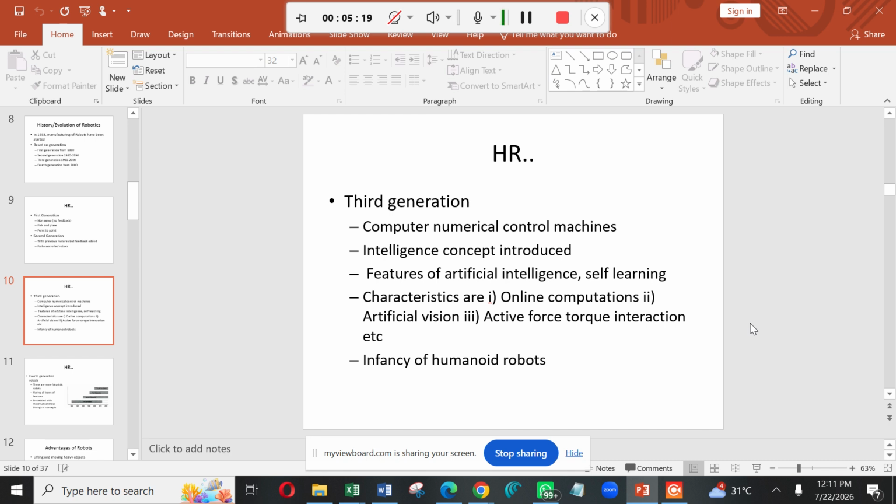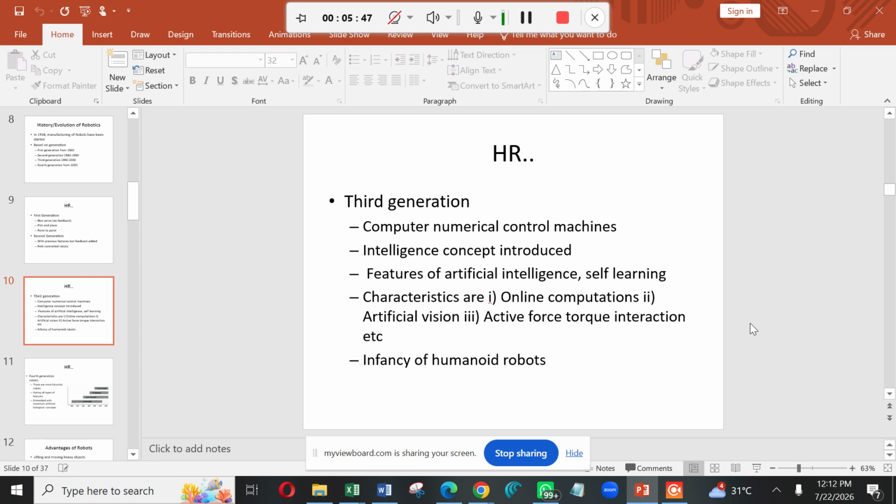Implementation of programming is very difficult because we did not have the chip technology that much. Now we have very good chip technology, so we are able to implement our programs, whatever the complexity, easily. Then artificial intelligence and self-learning came in the third generation.